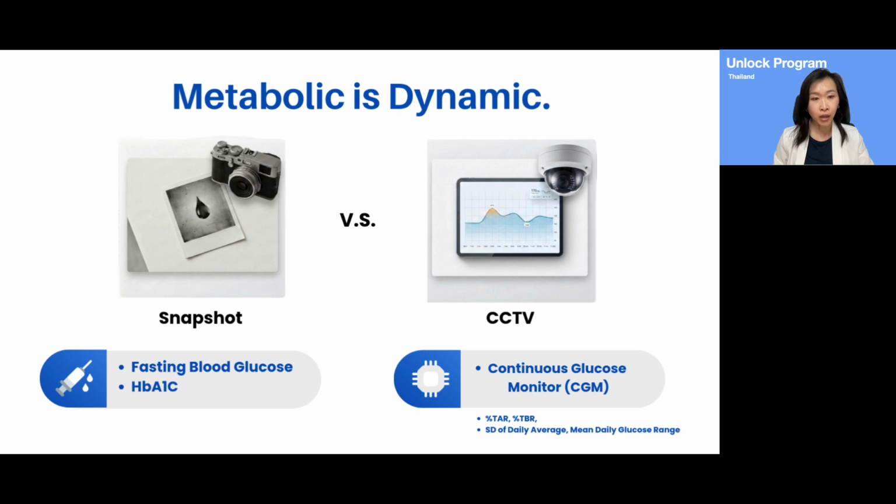They function more like a photograph. A photograph is useful, but it cannot show how metabolism changes throughout the day. CGM, in contrast, functions more like a movie. It allows us to move beyond static numbers toward continuous metabolic patterns.